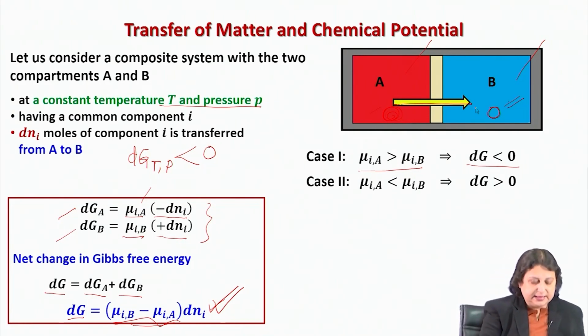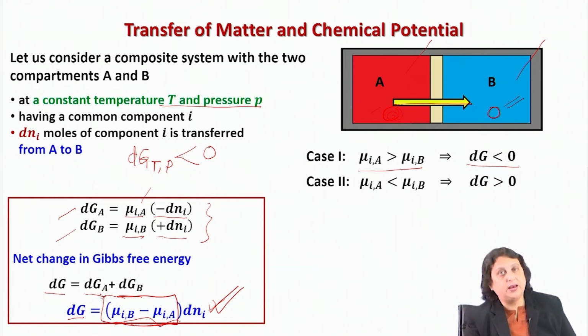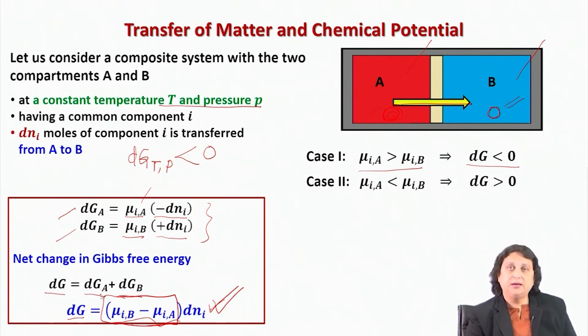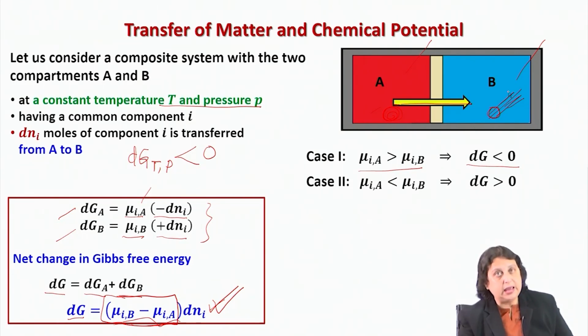In that case, the term in the first bracket is positive. Since dni is a small but positive number, dG at constant T and P is going to be greater than 0. So if the chemical potential of the ith substance is higher in B, then a spontaneous transfer of matter from A to B is not possible.